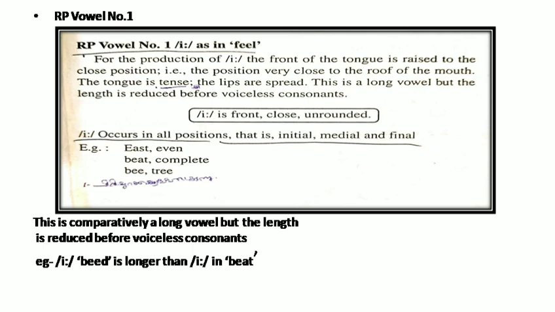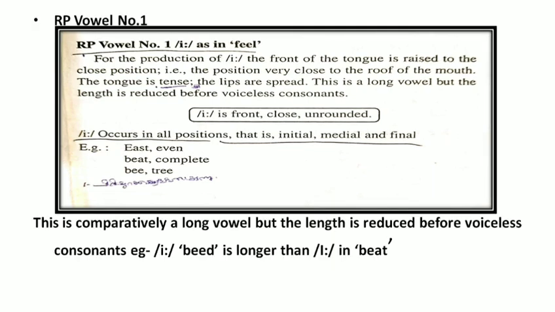As you can see here, I have given one example. In bead, E is longer than E in beat. What are voiceless consonants? T is a voiceless consonant. You know the nine voiceless consonants in English. If this sound comes before the voiceless consonants in English, it will be somewhat reduced.